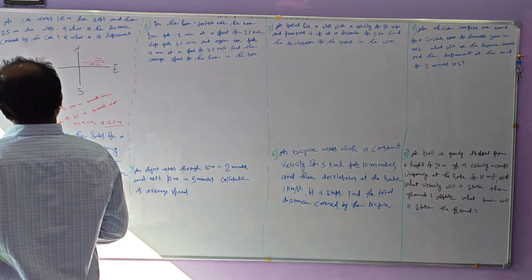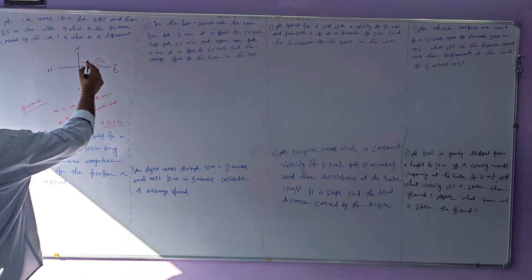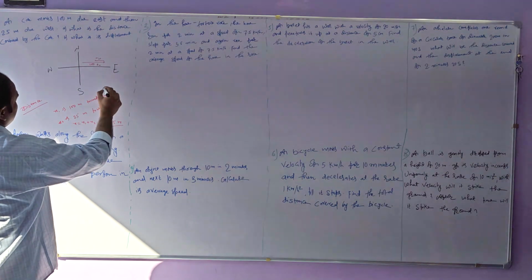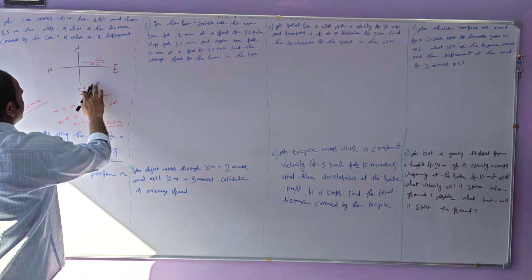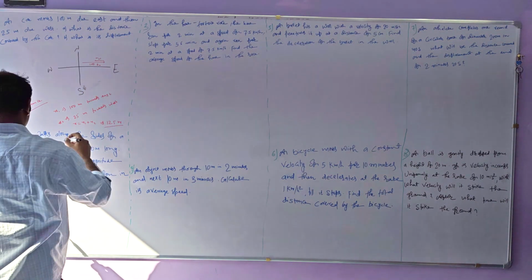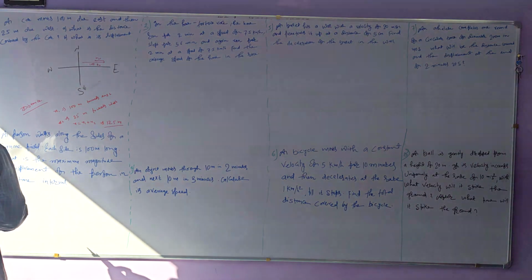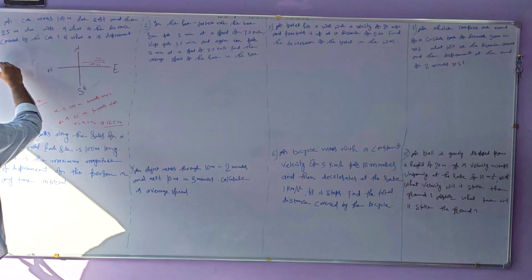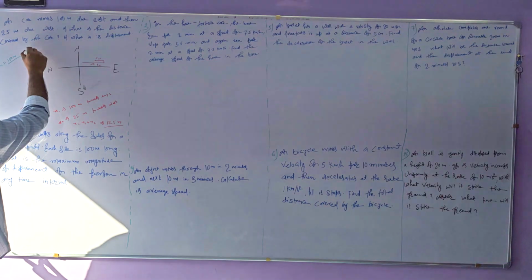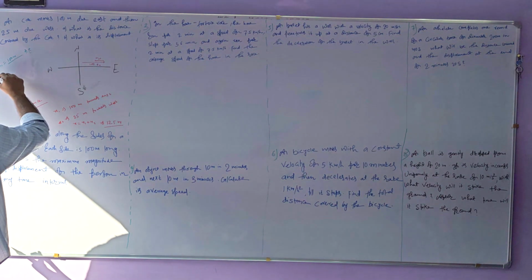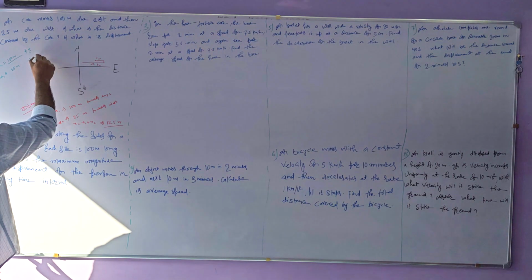When we talk about displacement, S1 is 100 meter towards east and S2 is 25 meter towards west.